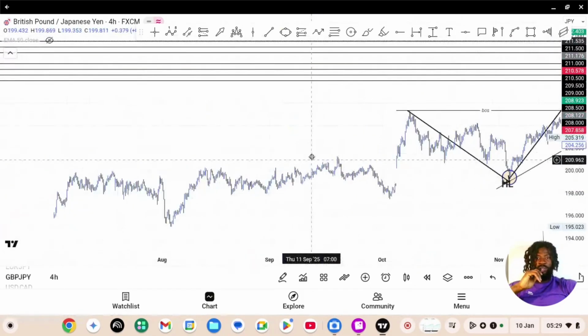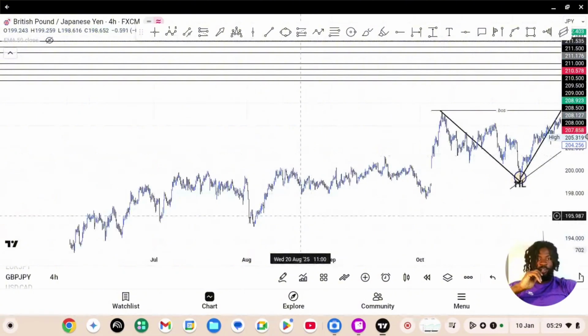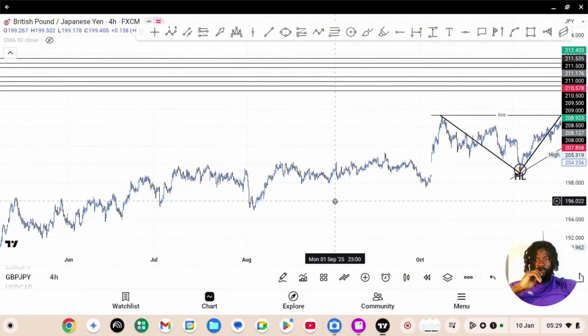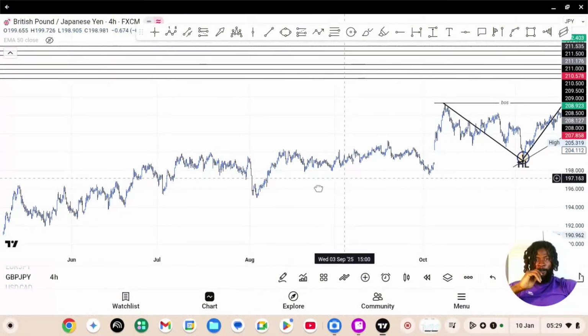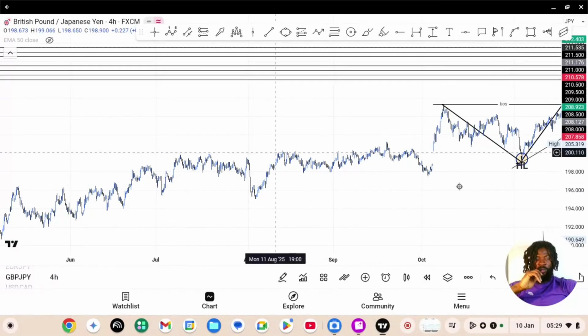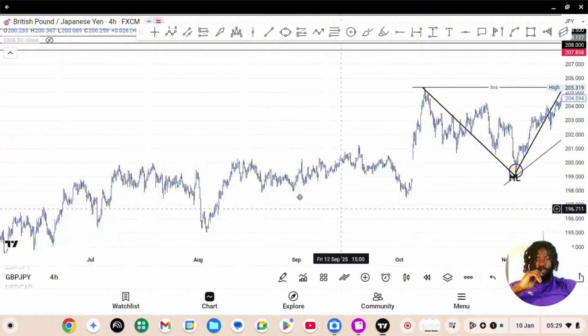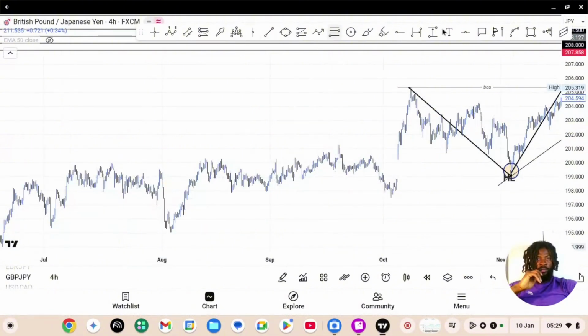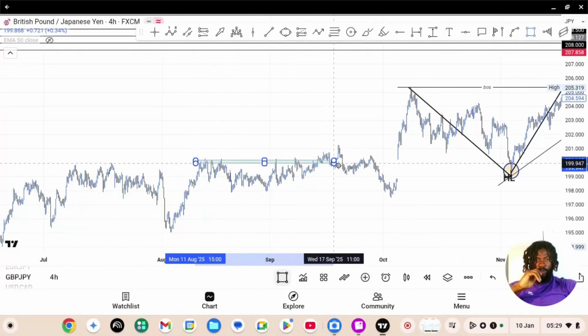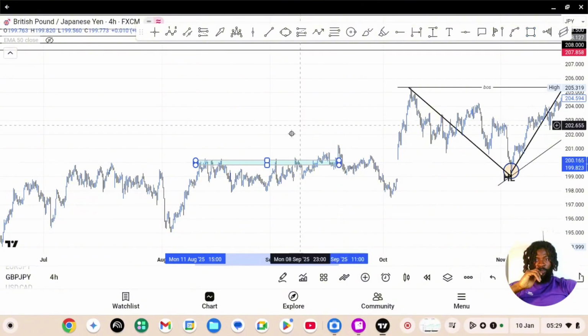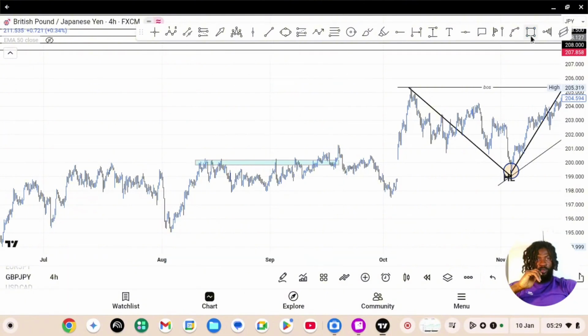Now the third one is, let's look for a range chart. Let me just use it as an example. We have a little range in here. From this, we have a little range here. From here, I think from there.